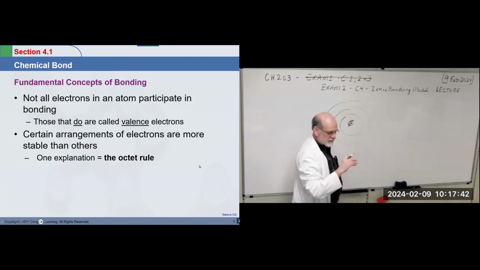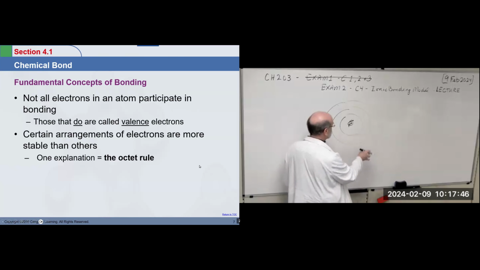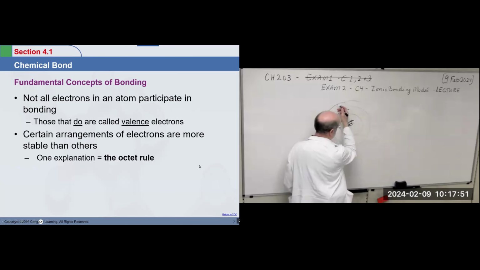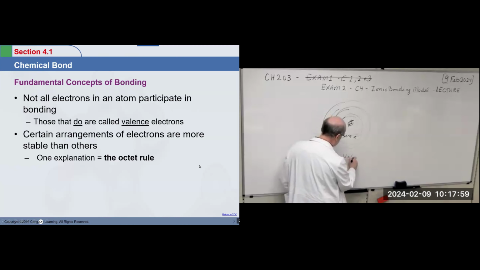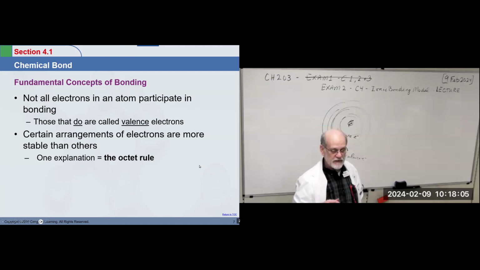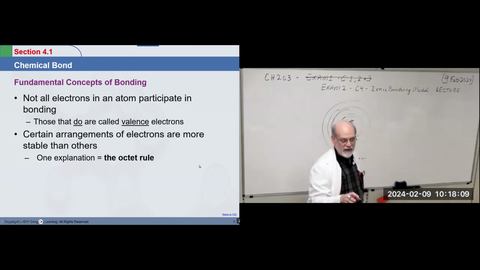And we can divide them into two types. The valence electrons are in the outermost energy level, so they'll be on this orbit right here. These guys in here are what's called core electrons. These are called valence electrons. The valence electrons are the only ones we have to consider at this point for bonding purposes.